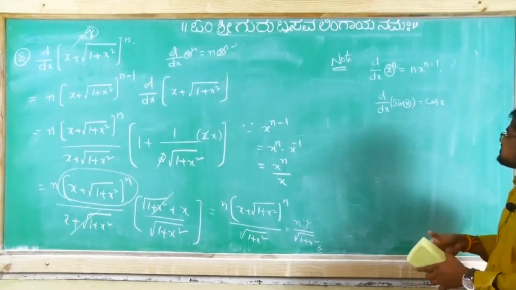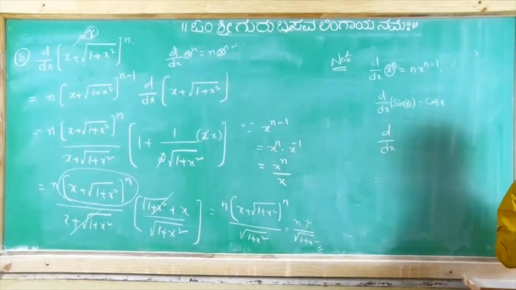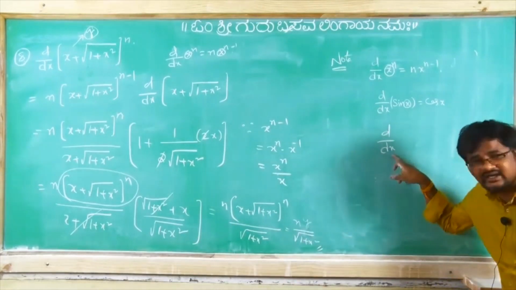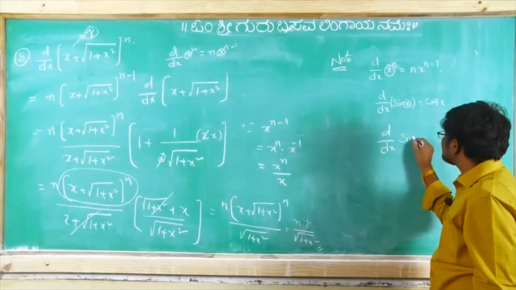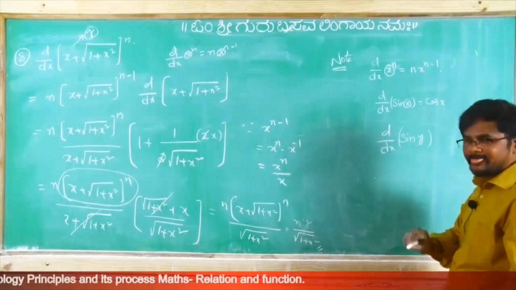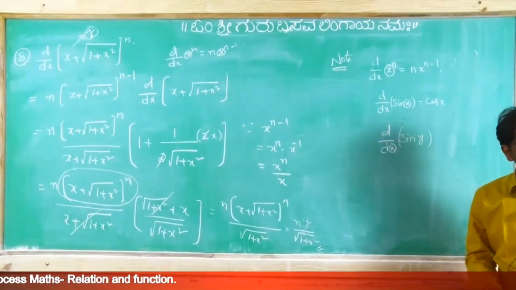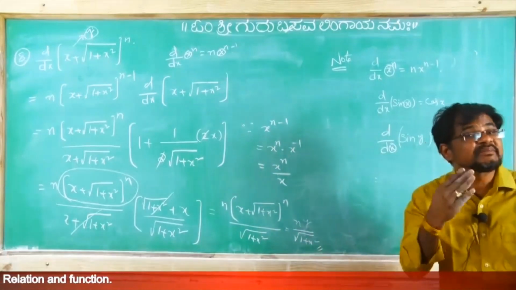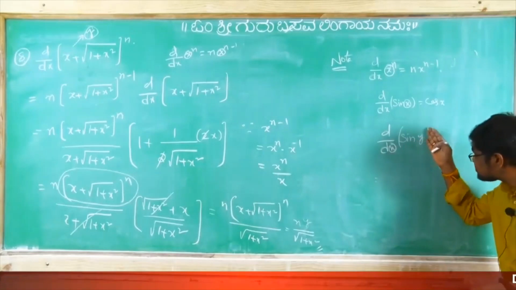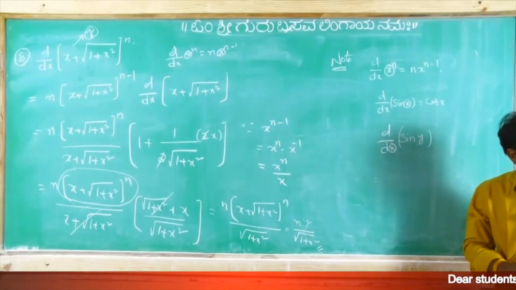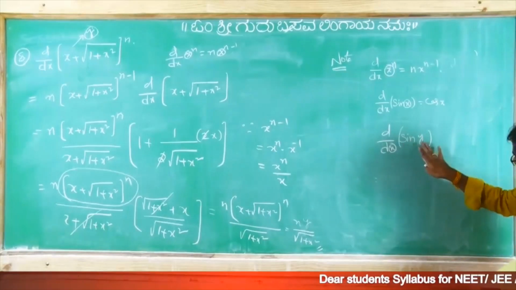Suppose it is given like this: d by dx. d by dx means we are doing the differentiation of the given function with respect to what? x only. Suppose here our function is sin y. Here we are doing the differentiation of the given function with respect to x only, but our variable here is y. So at that time what do we have to do? Same thing, do the differentiation for the sine.